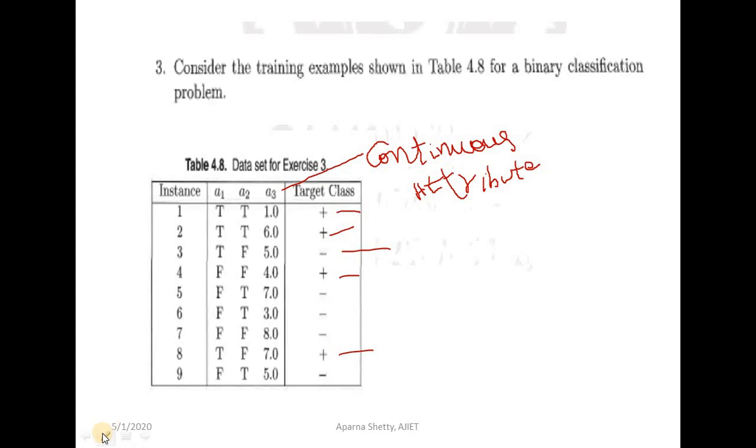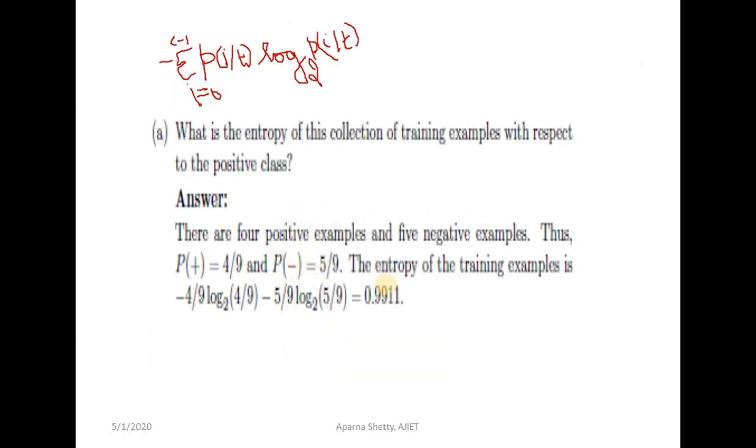For the negative class, how many records belong to the negative class? 1, 2, 3, 4, 5. So 5 out of the total 9 records belong to class minus, so 5 divided by 9.